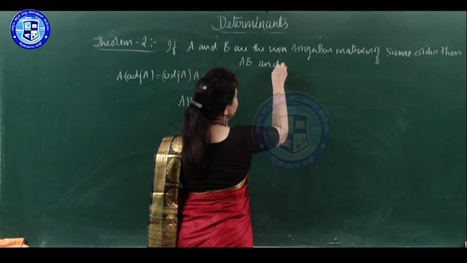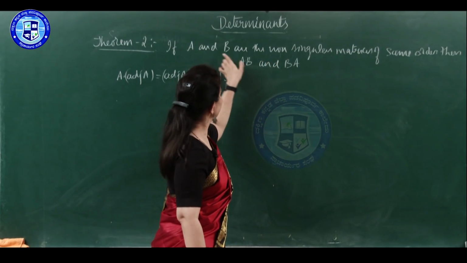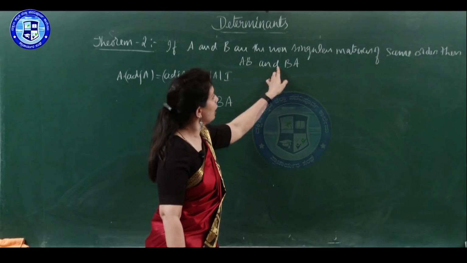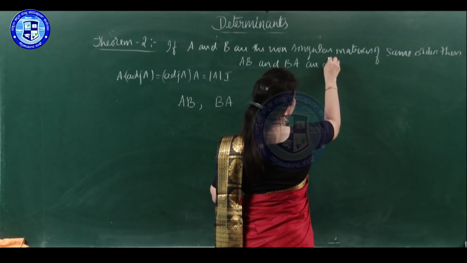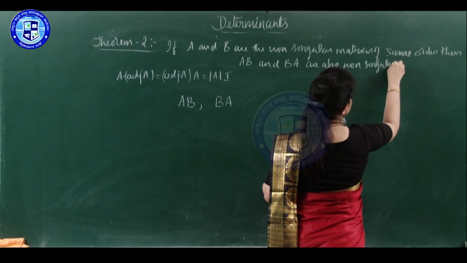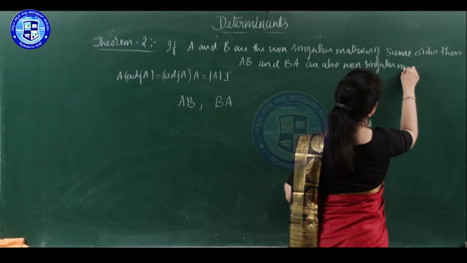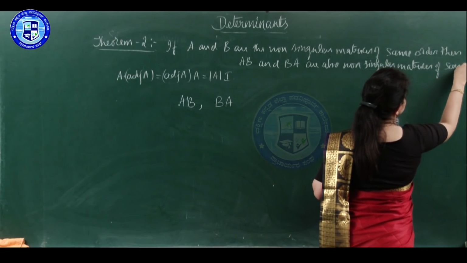The product of the two matrices A and B, AB or BA, are also non-singular matrices of the same order.